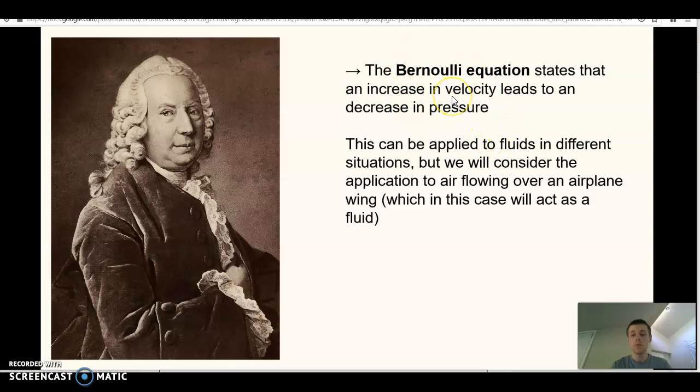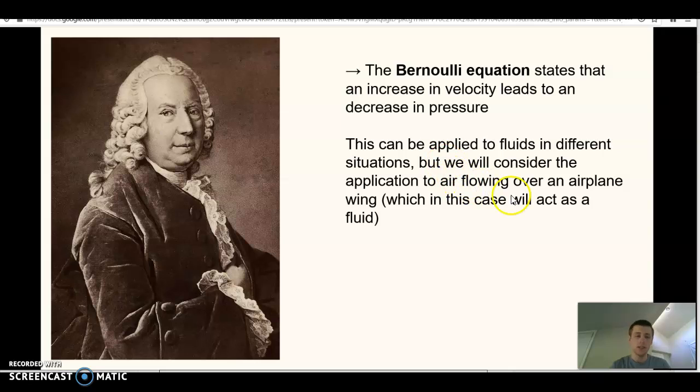But one thing he did come up with that's very relevant is the Bernoulli equation. The idea is that if you make something go really fast, you will get less pressure. This applies to all sorts of fluids, and you'll talk about this in physics, I'm sure. But in our case, we're going to be looking at air as a fluid.